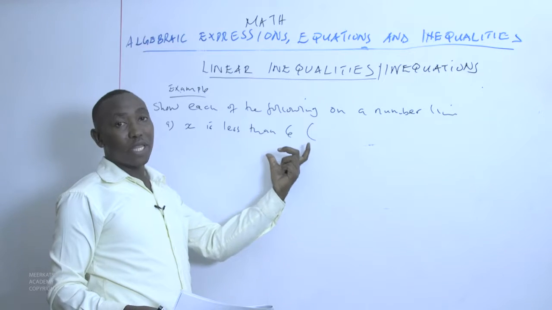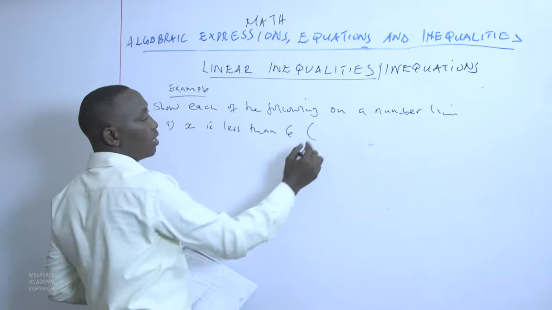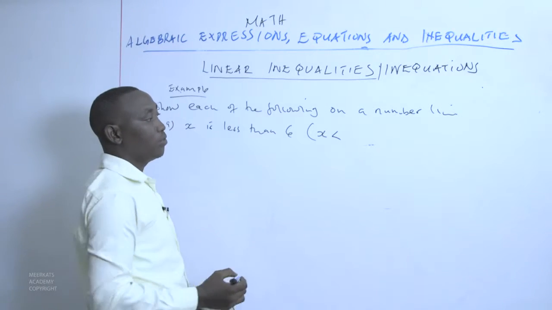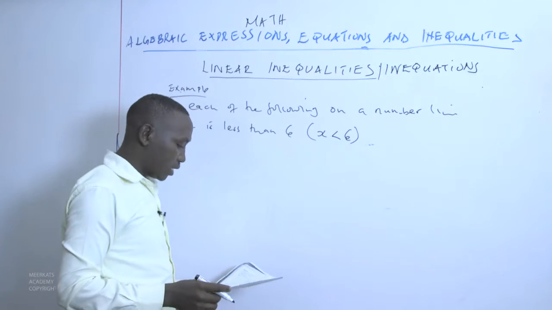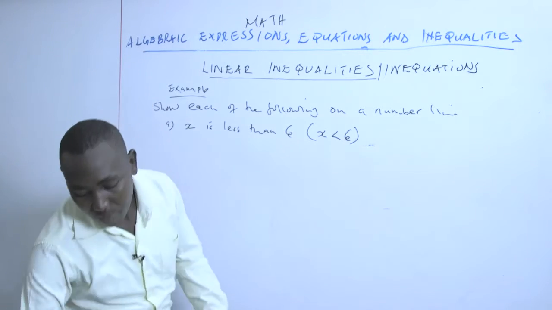So if we come up with a simple statement to represent this, we've been told that x is less than 6. That means we have x, we use the inequality symbol that represents less than, 6. We have been told to represent this on a number line, so you draw up your number line.